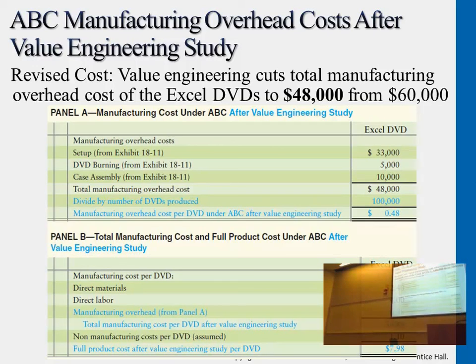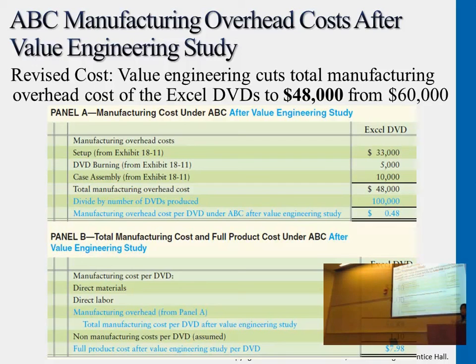First of all, using ABC, we're able to identify a proper level of manufacturing overhead. And then based on the target cost, we want to meet that target cost of $8 by redesigning some of the production process. So this is an example where we redesigned the setup cost, reduced it by $160,000. At the end, we'll be able to meet the target cost of $8, and it's even lower at $7.98.